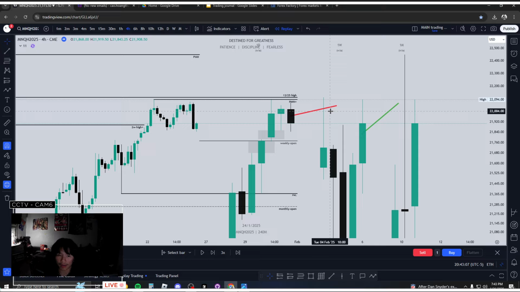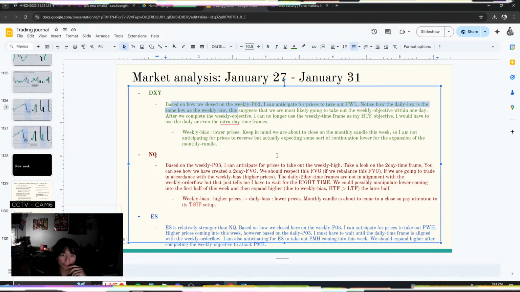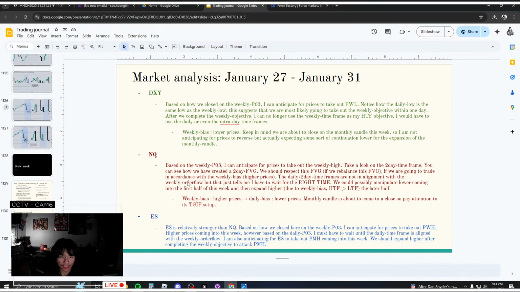But as of right now, coming into Monday, I was anticipating for us to take out Friday's low of day and not exactly the weekly high. So here on NQ, based on the weekly time frame, or the weekly power of 3, I can anticipate for prices to take out the weekly high.